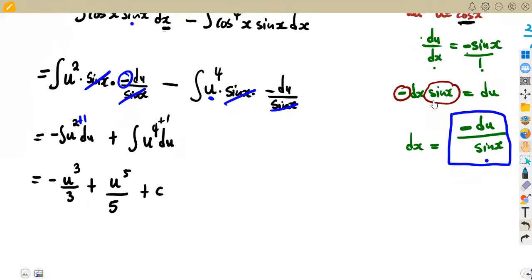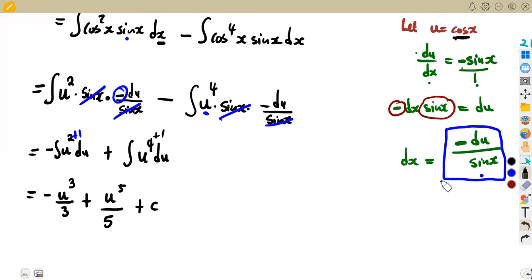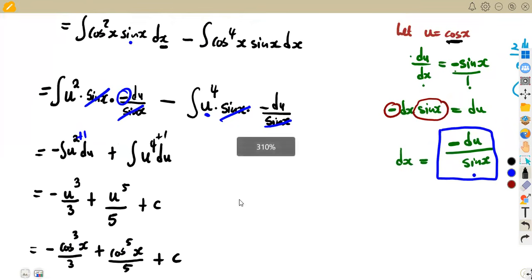So if u represents the cosine of x, it means we are going to write this as minus cos to the exponent of 3 x, that's u representing cos x, over 3, all right? Plus u to the exponent of 5, which is cos to the exponent of 5 x, everything over 5, plus the constant of integration. All right, so that is our final equivalent answer that we're supposed to have in this case.